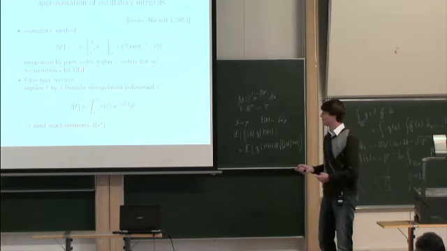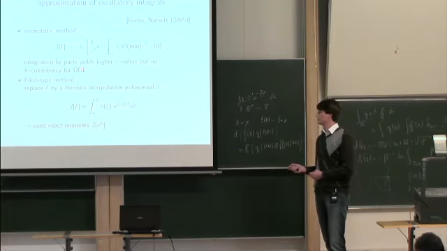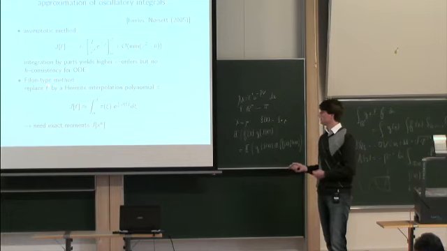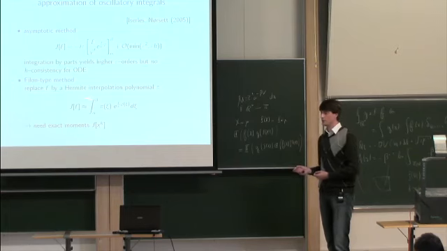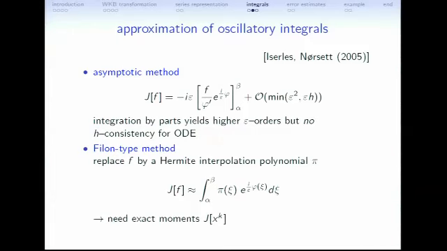And to overcome this problem, there's an improved method, the so-called Filon type method. The idea here is also very simple, and you get a powerful tool. Simply replace f by a Hermite interpolation polynomial. And if you do it such that the derivatives of f and p coincide on the boundaries of the interval up to a certain order, you get also the features from the asymptotic method.